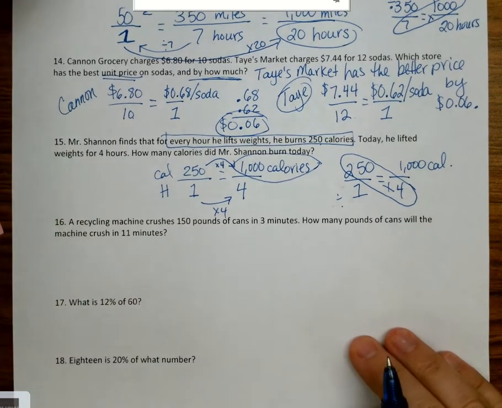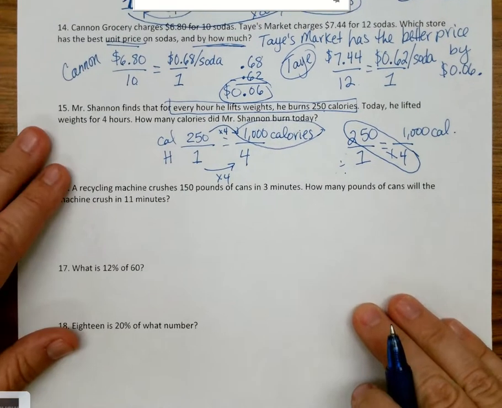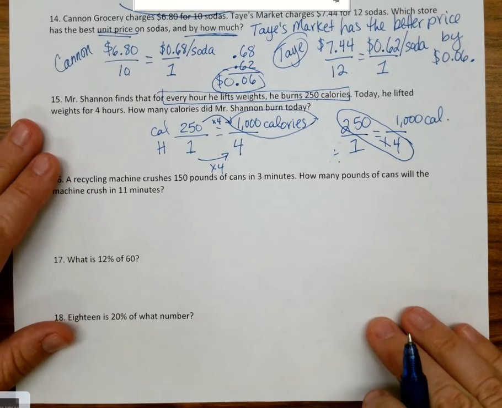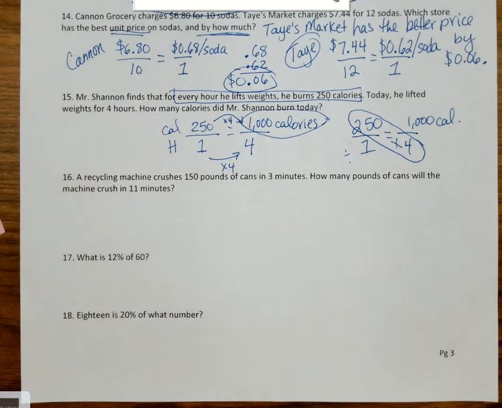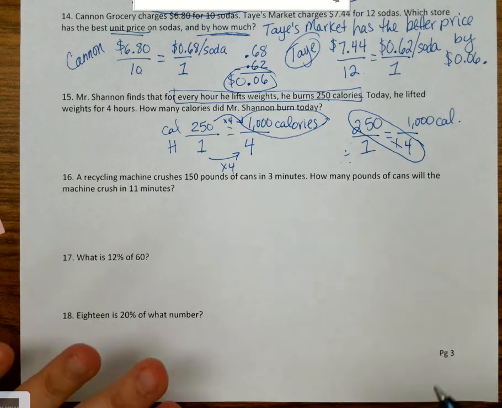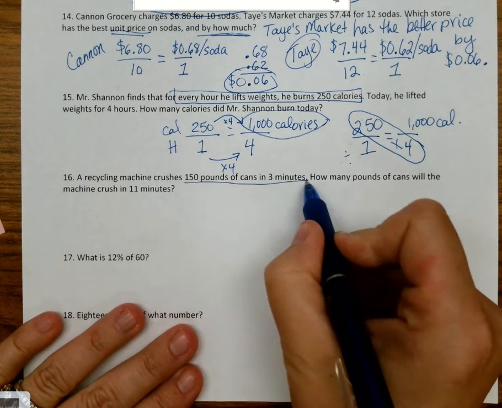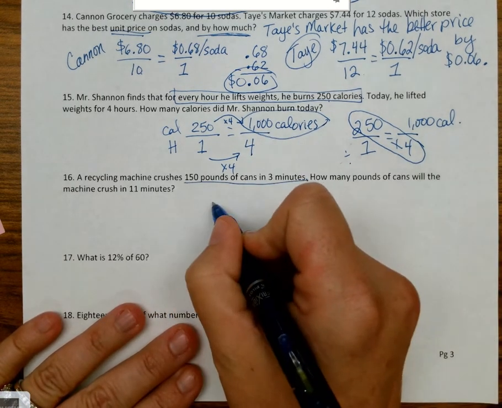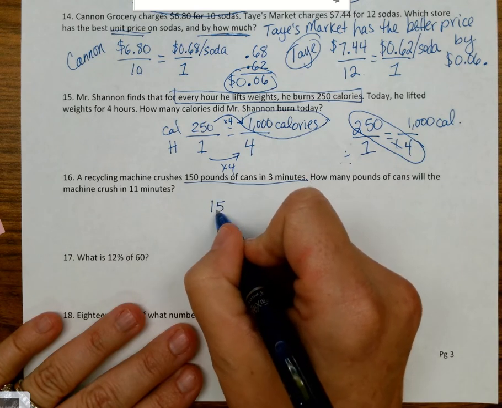Number 16, a recycling machine crushes 150 pounds of cans in 3 minutes. How many pounds of cans will the machine crush in 11 minutes? So, 150 pounds, 3 minutes.